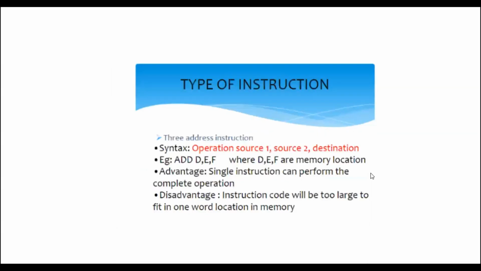The types of instructions are the three-address instruction, the two-address instruction, and the zero-address instruction. When we say instructions, in assembly language it consists of a name or label, an instruction mnemonic, operands, and a comment.